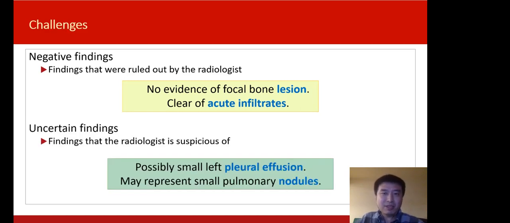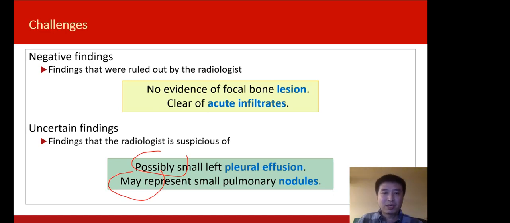Besides negative findings, there are also a lot of uncertain findings. Here we call a finding uncertain if the radiologist is suspicious of that finding. Some examples include possibly small left pleural effusion or may represent small nodules.